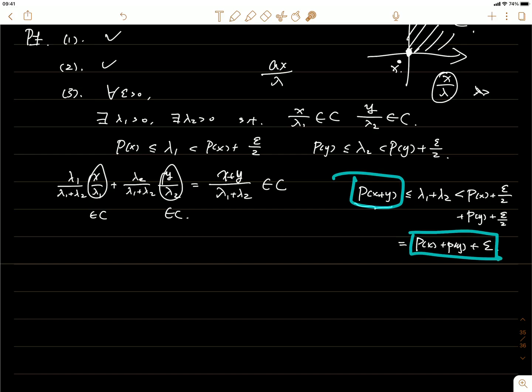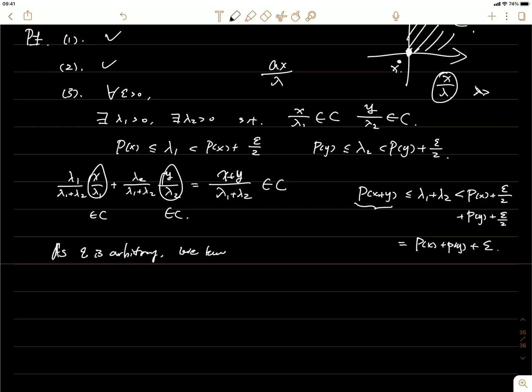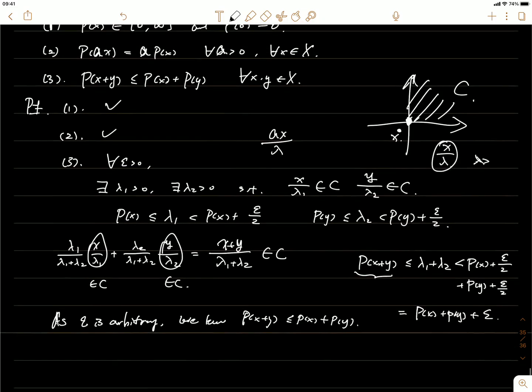So that just means that this is less than or equal to this. Okay, so as epsilon is arbitrary, we know that p of x plus y is less than or equal to px plus py, and this finishes the proof for the third one.